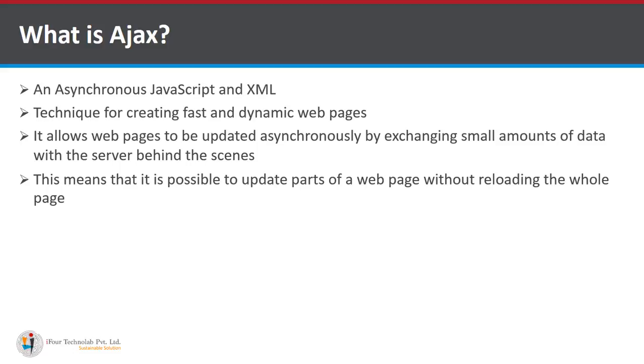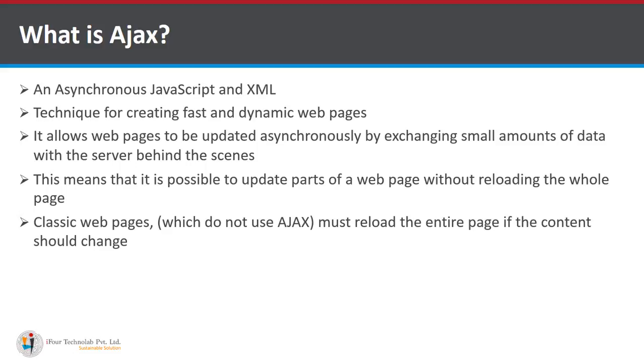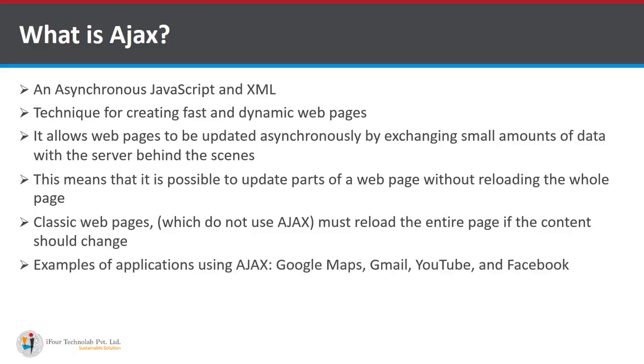This means that it is possible to update parts of web page without reloading the whole page. Classic web pages which do not use AJAX must reload the entire page if the content should change. Examples of applications using AJAX are Google Maps, Gmail, YouTube, and Facebook.